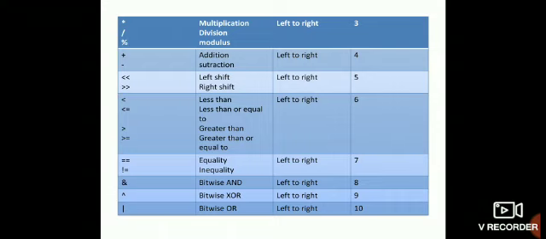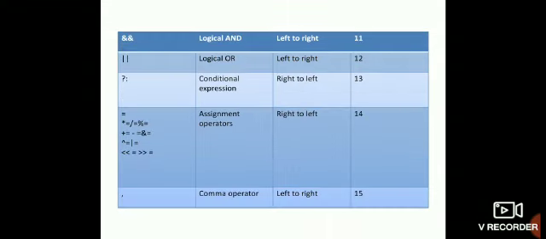The next operators are equality and inequality. The associativity is from left to right, and the rank is 7. The next operators are bitwise AND, bitwise XOR, and bitwise OR, and the associativity is from left to right, and the ranks are 8, 9, 10 respectively.